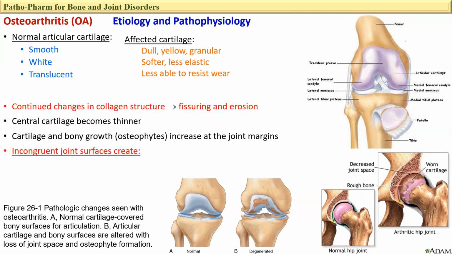The body attempts repair, because there is always wear and tear, even repairing of the torn or damaged cartilage. But the body's attempts at repair cannot keep up with the high rate of destruction.